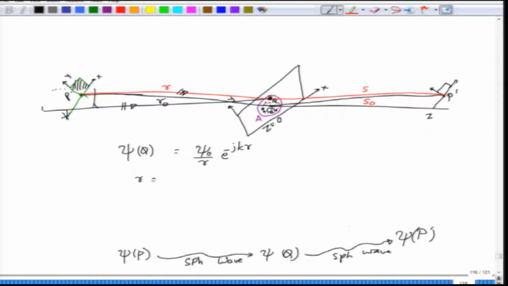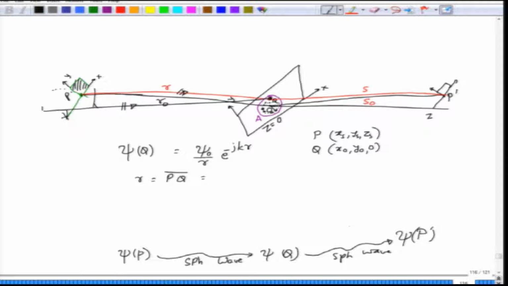We know that r is basically the distance PQ, and we know that the coordinates of P are xs, ys and zs, right, and the Q coordinates are x0, y0 and 0, because we have assumed that this is located at the z equal to 0 plane. These are the coordinates that we actually have, right.